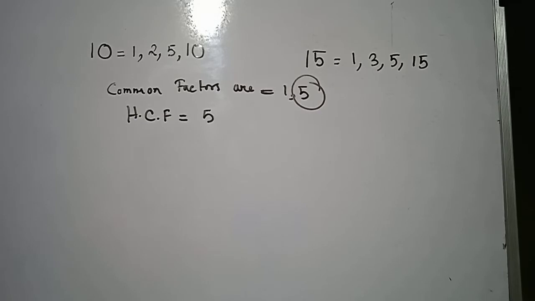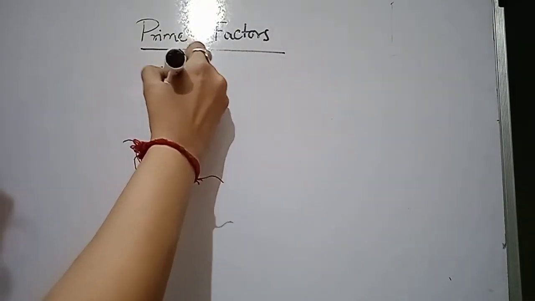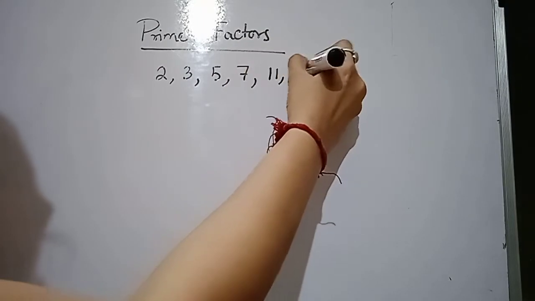We can find H.C.F with other methods too. The second method to find H.C.F is with the help of prime factors. Before going to that, we must know what is a prime factor. Now, what are prime numbers? 2, 3, 5, 7, 11, 13.